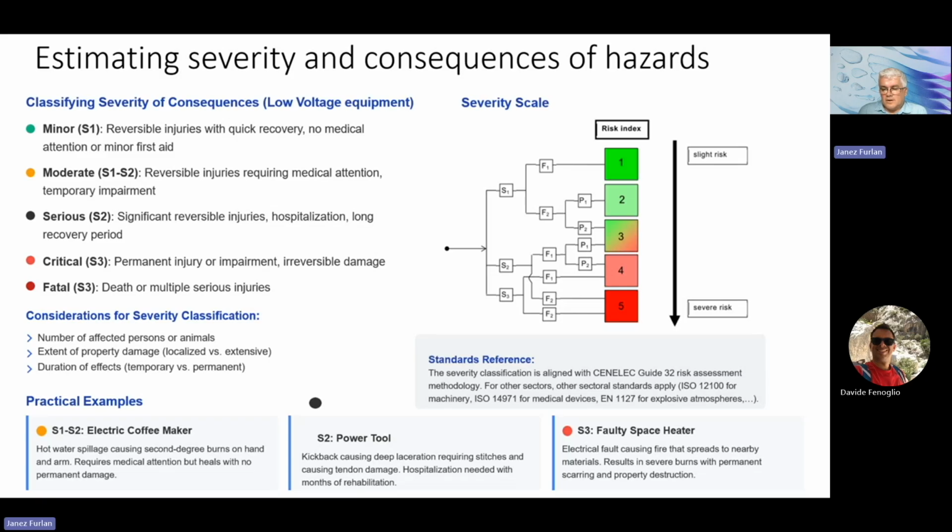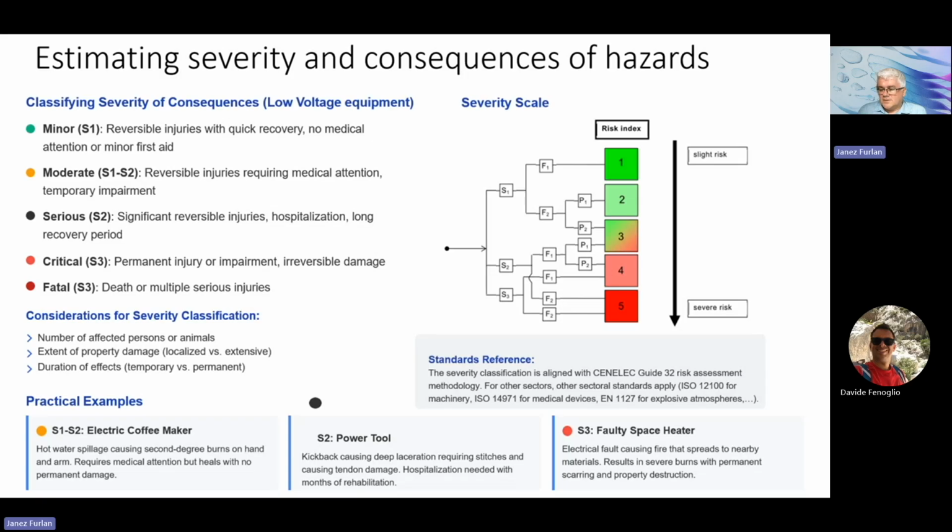But if we keep with the low voltage equipment, we can see in this nomogram that by properly selecting factors S as severity, F as frequency of exposure, and P as probability that it will actually occur, this selection of factors will lead to the classification into one of the 5 risk levels, risk indexes.